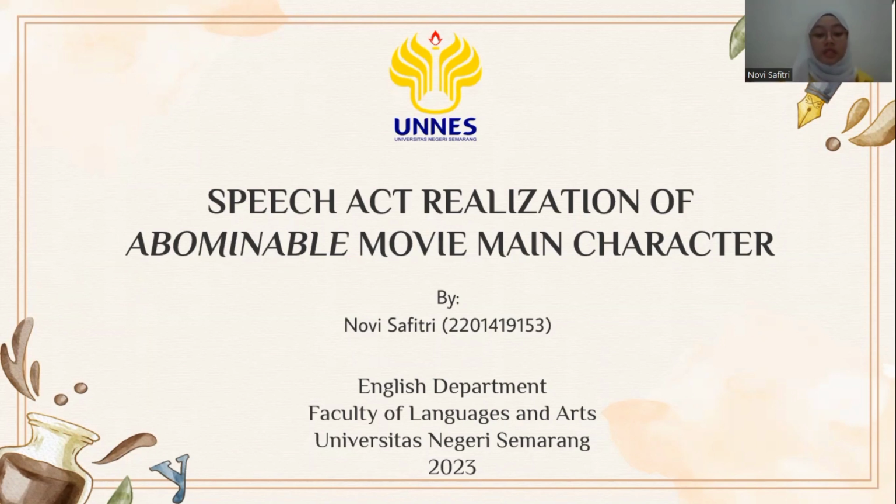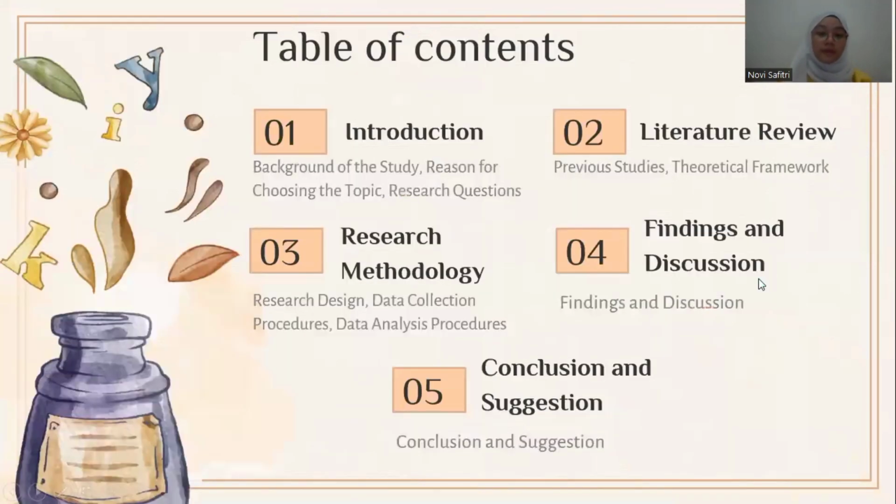Well, here's the outline of this presentation. The first one is introduction. It consists of background of the study, reason for choosing the topic, and research question. The second one is literature review.